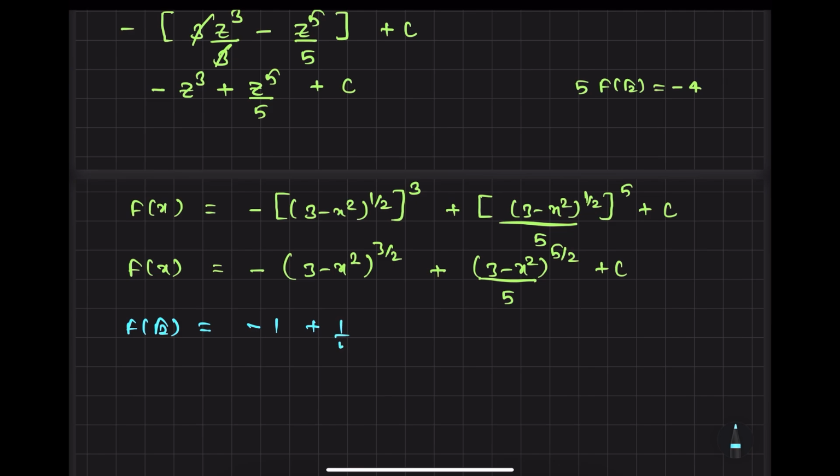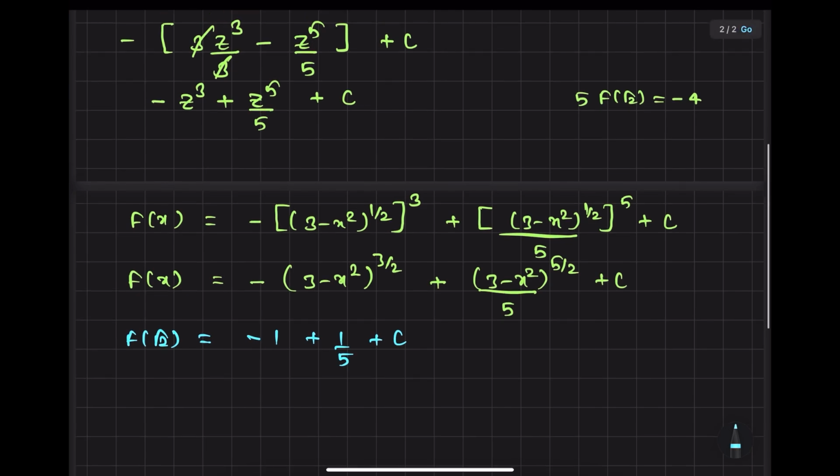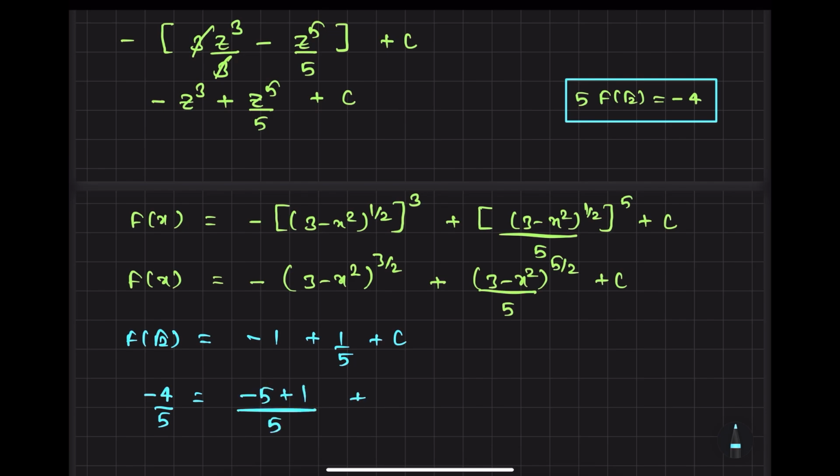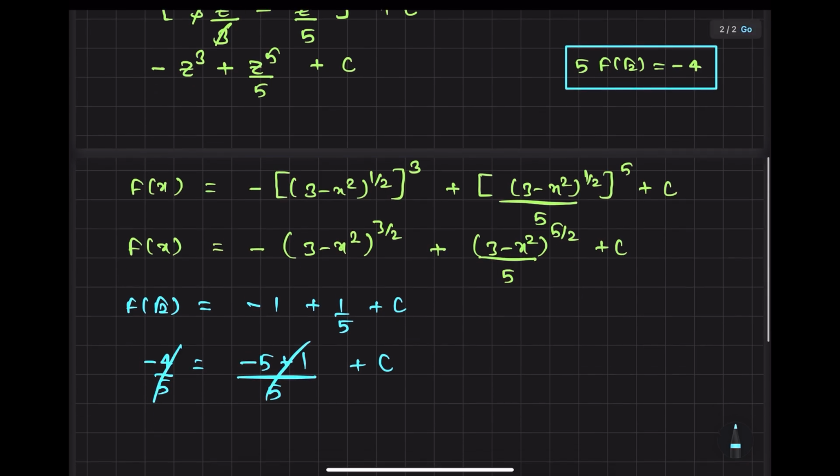So it is 1 by 5 plus c. Now you know that f of root 2 you can extract from here. f of root 2 is minus 4 by 5. If you simplify, you will find that minus 5 plus 1 by 5 plus c is also minus 4 by 5. This thing is gone. So the value of c is 0.